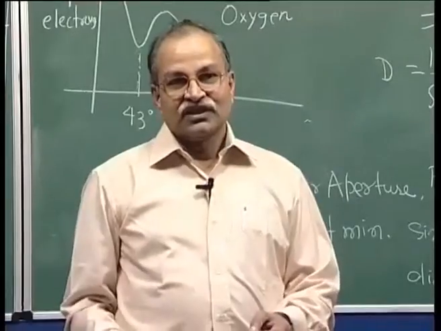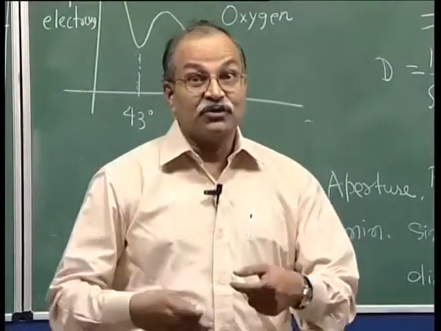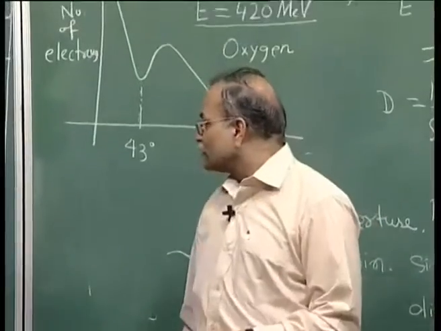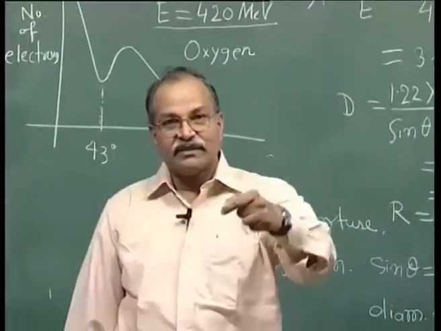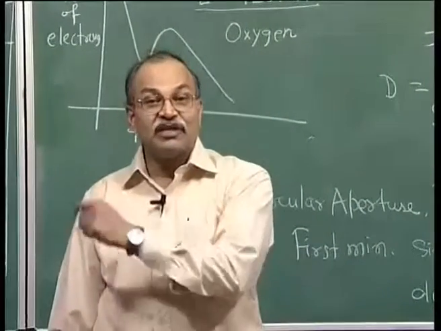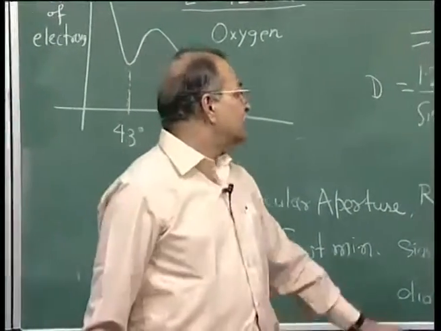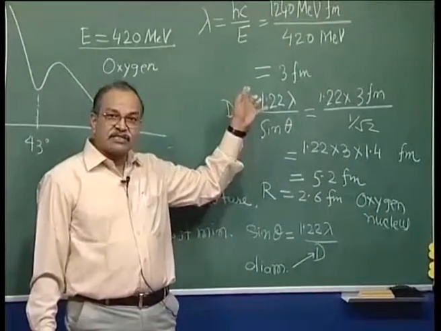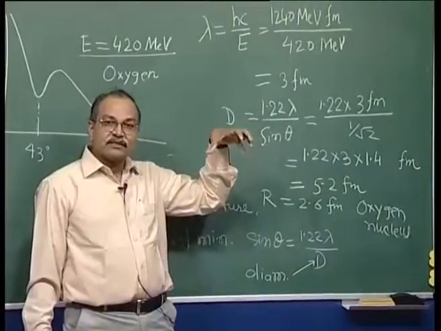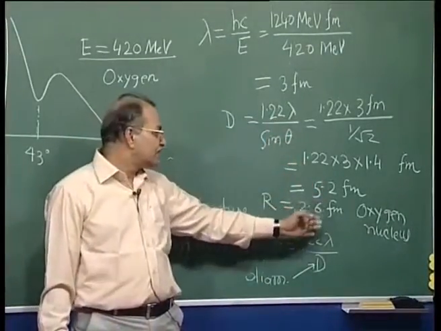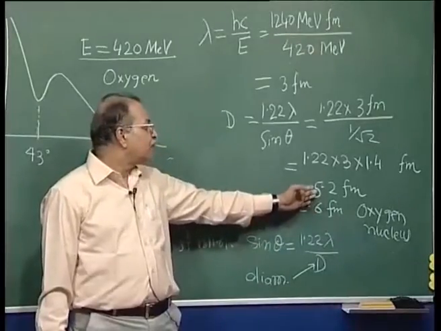So, this way can you expect a second minimum in the single slit pattern? You have a minimum when b sin theta goes to lambda and then to 2 lambda and then to 3 lambda. Here if you think that at double of this you should get a second minimum, you calculate it. Now, you know what is d. d is 5.2 femtometers.